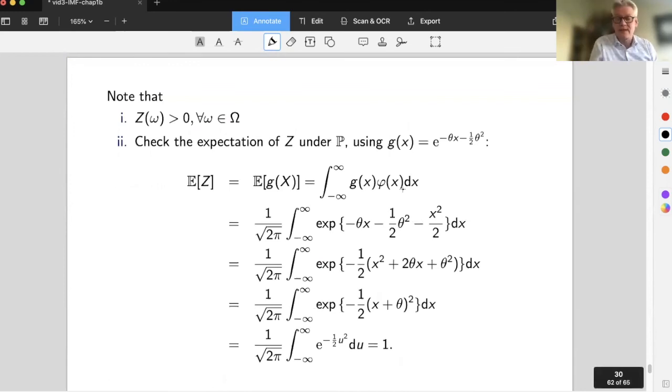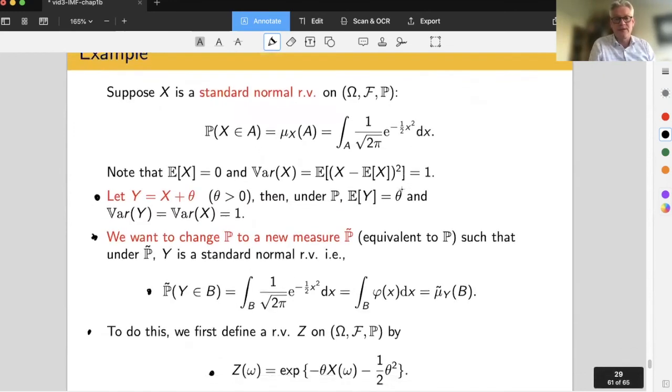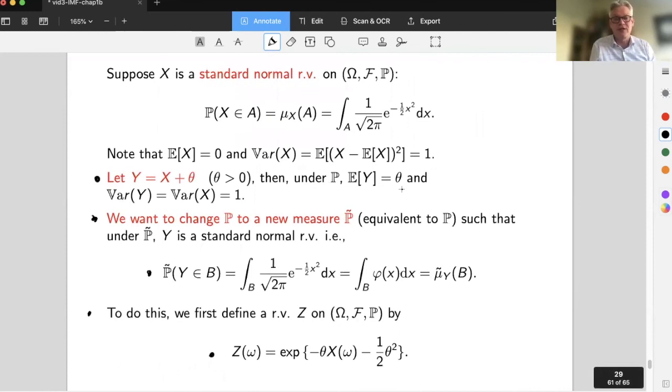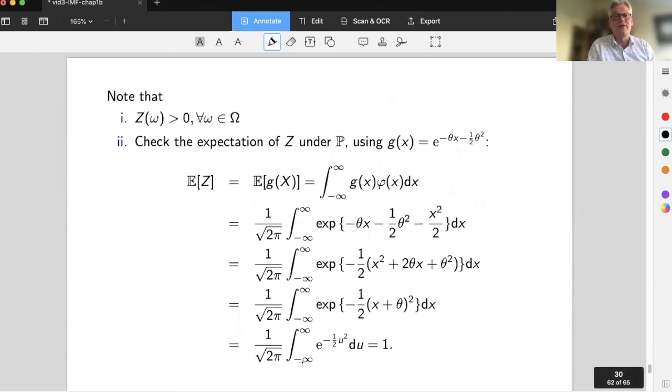Well, it's an exponential function, so it's positive. So Z of omega is positive for all omega in big Omega. Then the second one, we have to check the expectation of Z under P. And then we use that function g, which is e to the power minus theta x minus 1/2 theta squared.